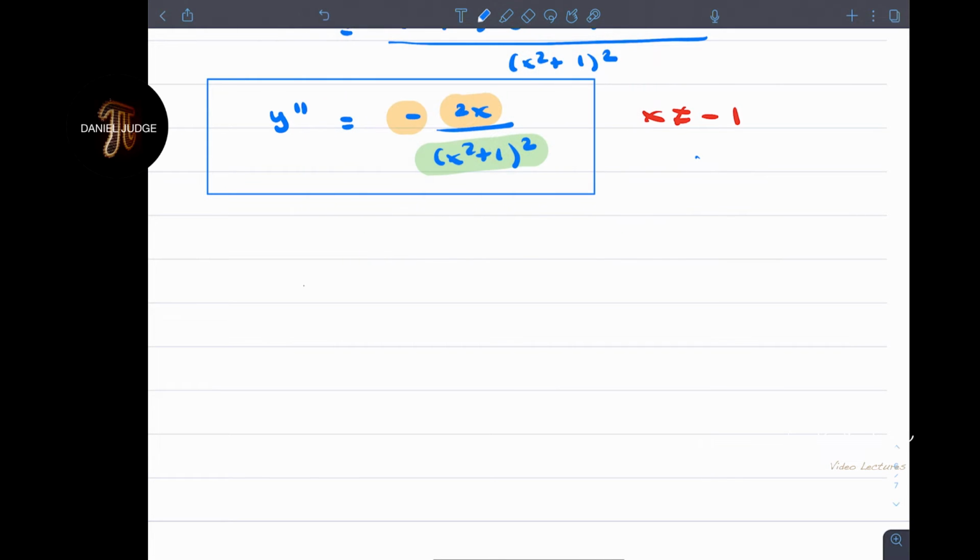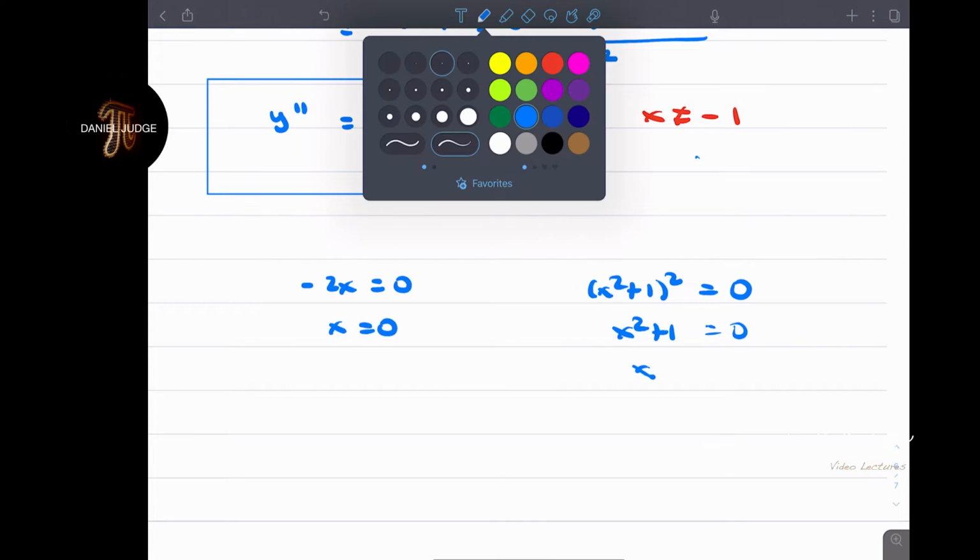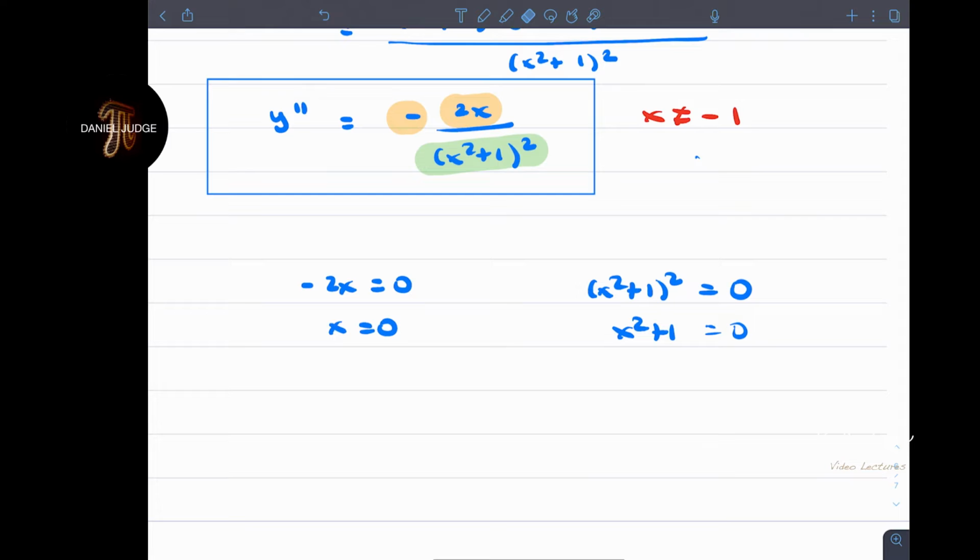So you got negative 2x equal to 0, which really means x is 0. It's not a critical value. x squared plus 1 squared is 0, again implies x squared plus 1 is 0, and that never happens. So this does not add to the sign analysis. Never happens.